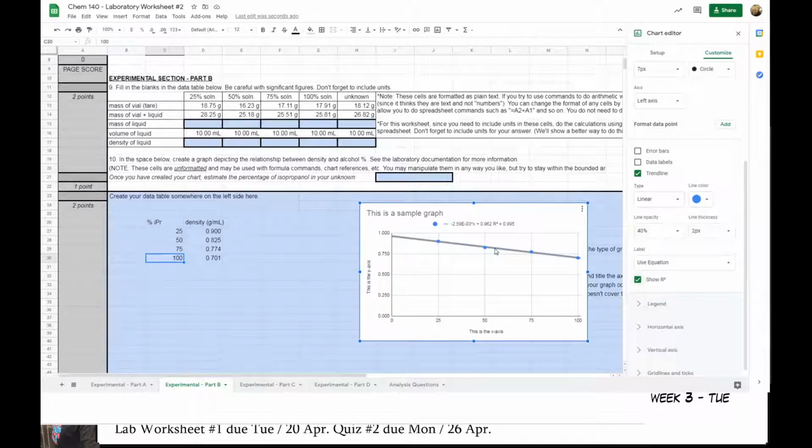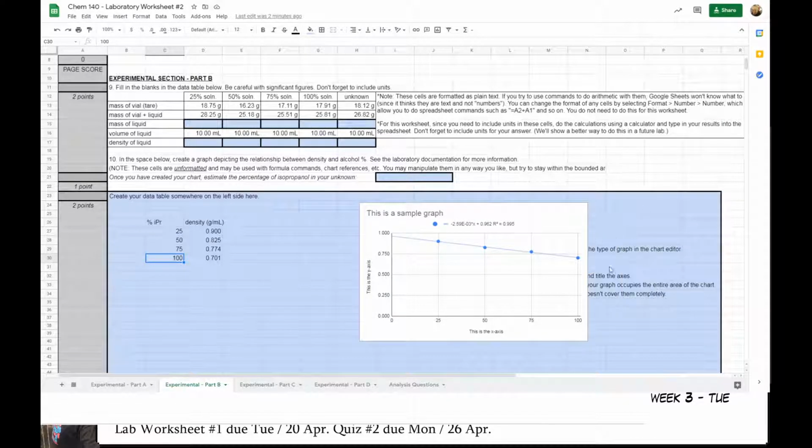That would be a hard relationship to make a linear graph out of. So you'd have a low R squared with that. But for something like this, where we're measuring properties that are well understood and known, our lines tend to have very high R squared values. They'll be close to 1.